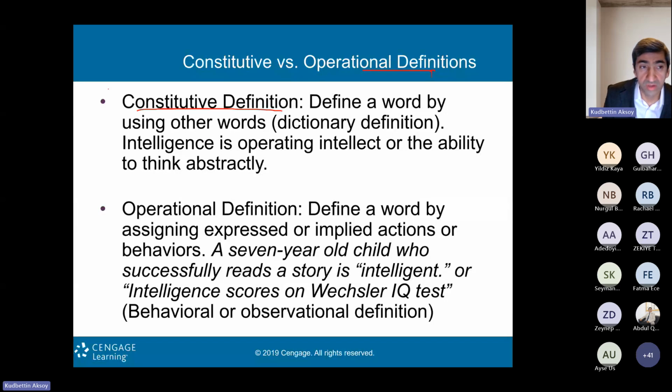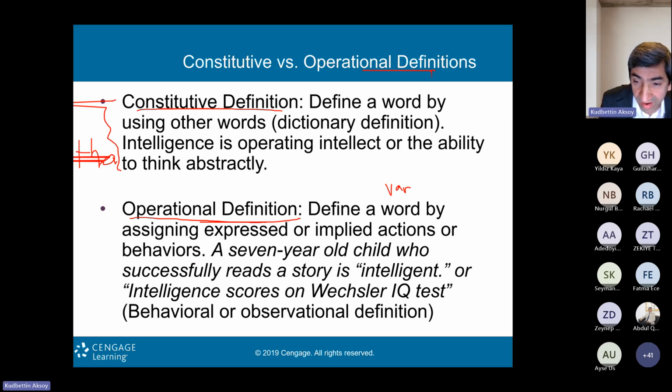Fine. This is useful. We need this. This will come from the theory. It's nice. It's a must. And we begin with this. But ultimately, we have to come up with a way that, when everybody measures it, everybody will get something similar. That is called operational definition. This is very useful. Operational definition is when we define a word, in this case a variable, by assigning expressed or implied actions or behaviors.